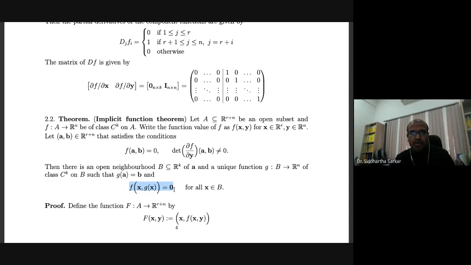Okay, so let's look a little more at the proof, and then these lines will become more and more clear.